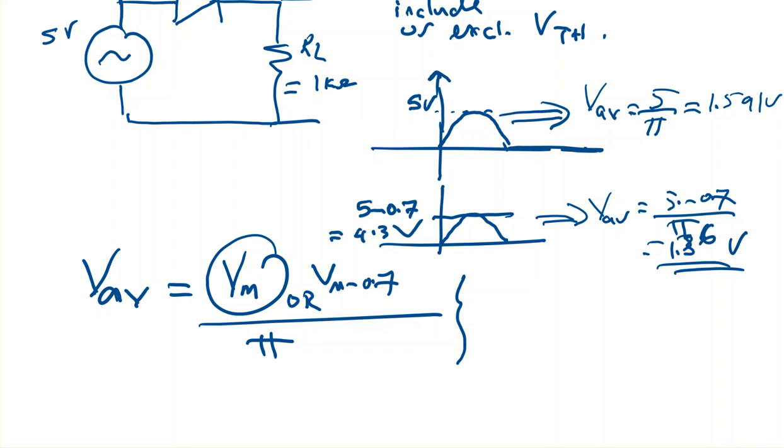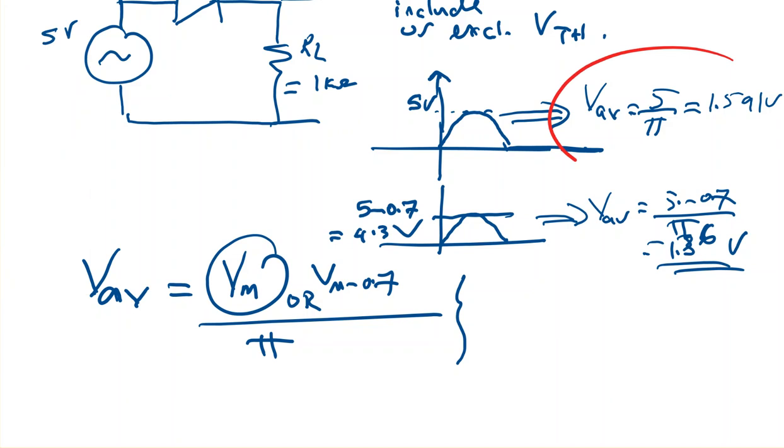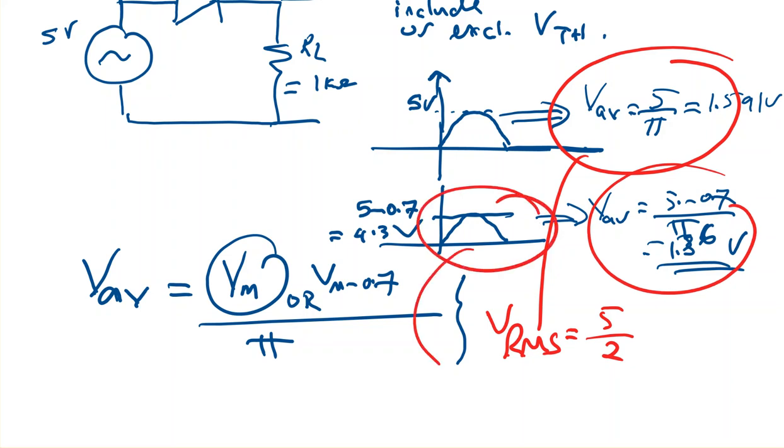And of course we can, if you wish, calculate the RMS value for each one. VRMS will be 5 divided by 2, and for this one, the RMS is equal to 4.3 divided by 2.